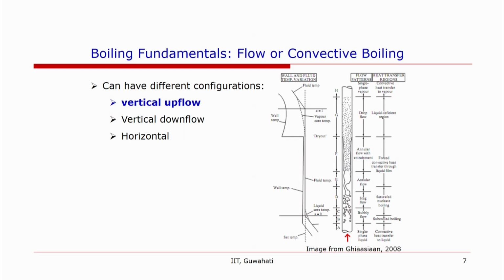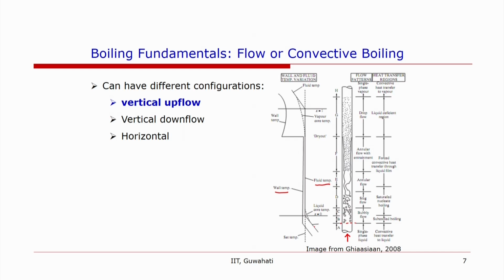So as you can see in this case, up to point A, this is only single phase liquid. The line on the left hand side represents the wall temperature, and the line on the right hand side represents the temperature of the fluid. For the single phase liquid, as the wall heat flux is increased, the wall temperature keeps increasing, as well as the liquid phase temperature.